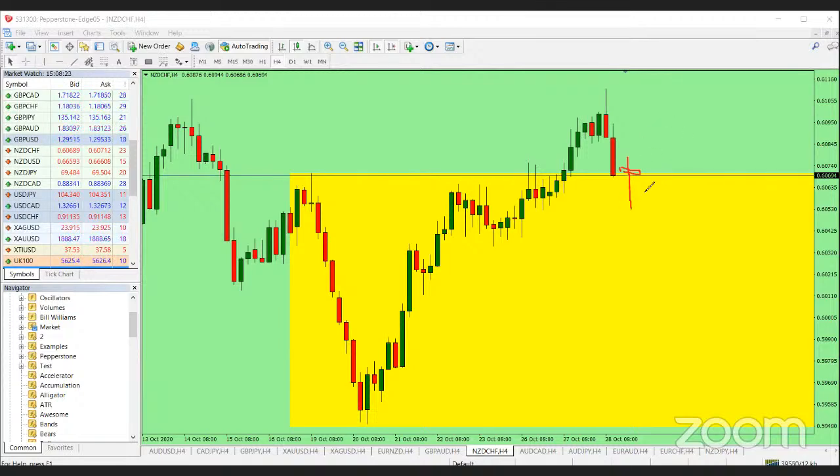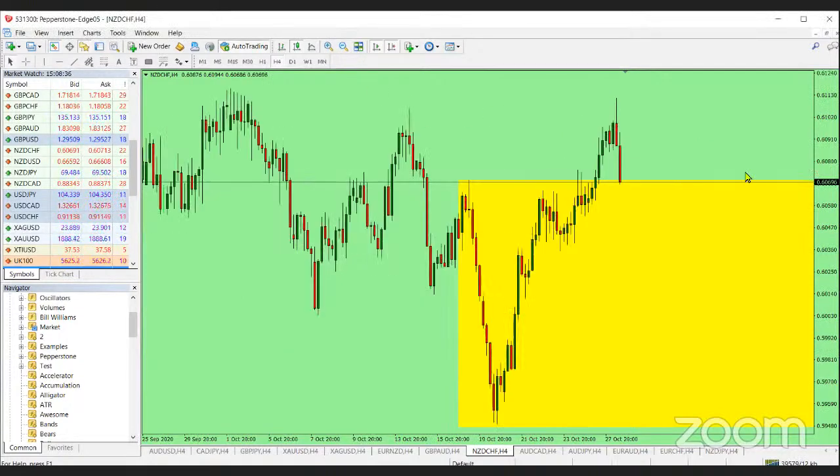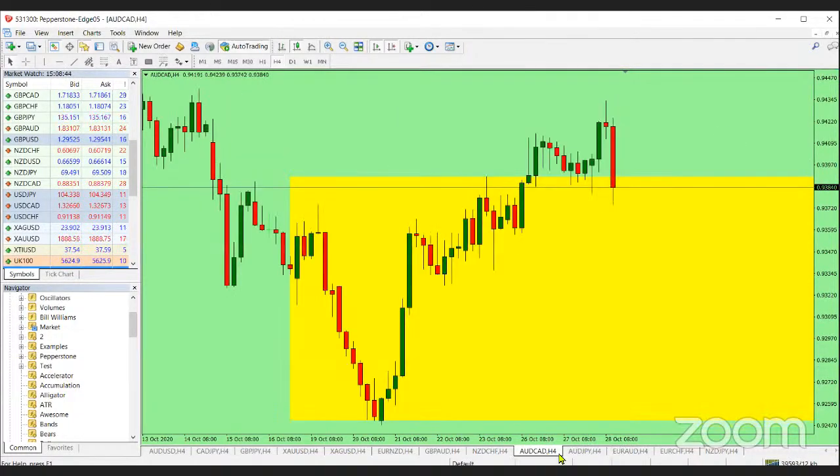But a rejection pin bar would be nice for me to jump into it. What you want to see is a clear rejection: a long wick to the downside and a small body to the upside. I agree, it looks very good.